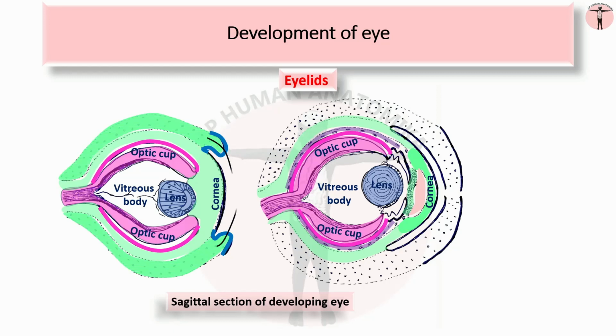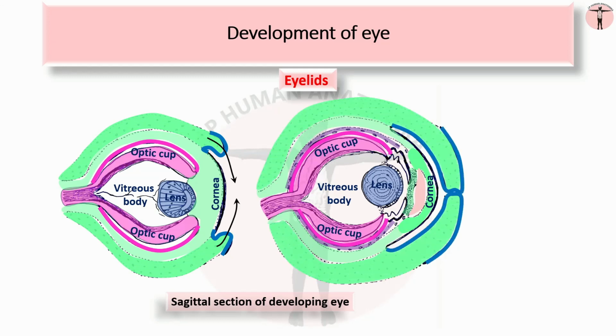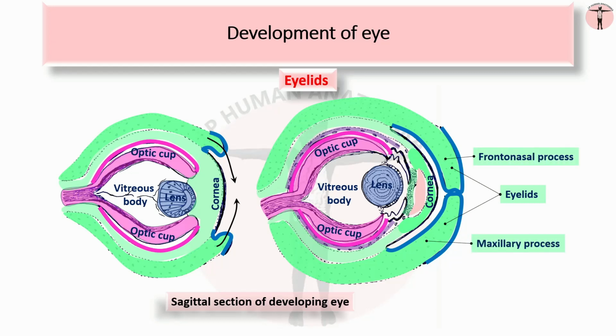They begin to grow towards one another anterior to the developing cornea. These folds will develop into eyelids. The upper fold arises from the frontonasal process and the lower fold arises from the maxillary process.